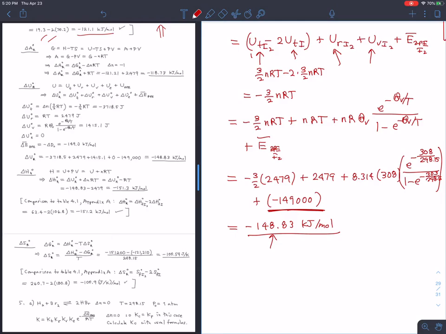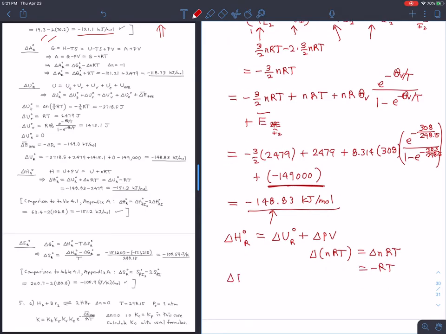The next thing we can do is get the delta H value. Delta H is going to equal delta U plus delta PV, but we've already seen that delta PV here is delta nRT for an ideal gas, which is delta N times RT, which is minus RT.